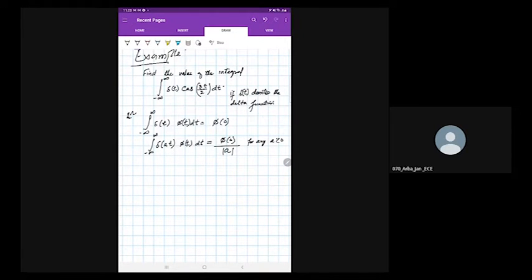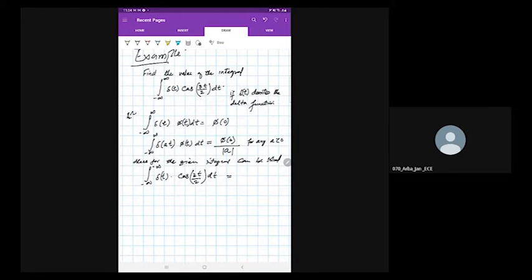Therefore the given integral can be solved as below. The integral from minus infinity to plus infinity of delta of t cos of 3t by 2 dt.